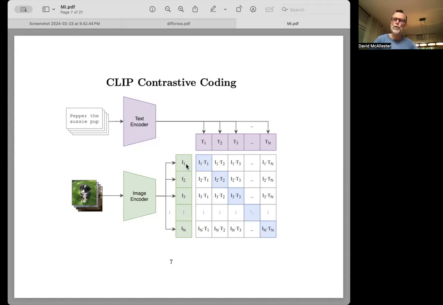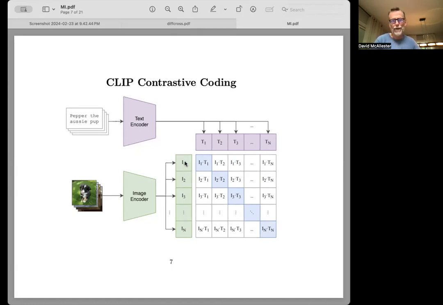This is called contrastive because you're trying to contrast the true text from distractor texts, texts that were not associated with this image. This predictive task is the contrastive task.